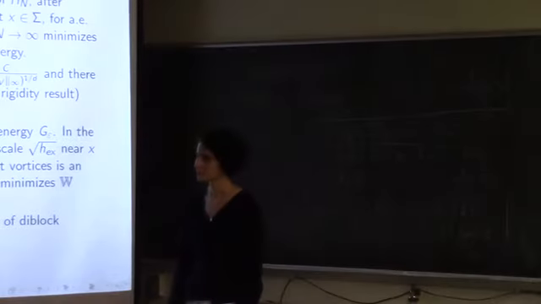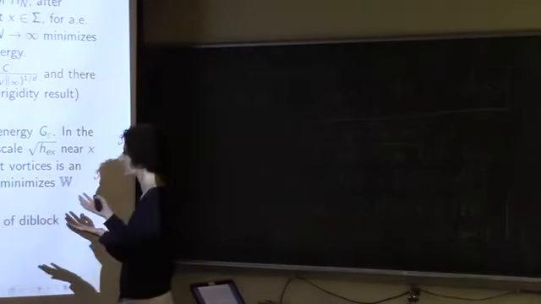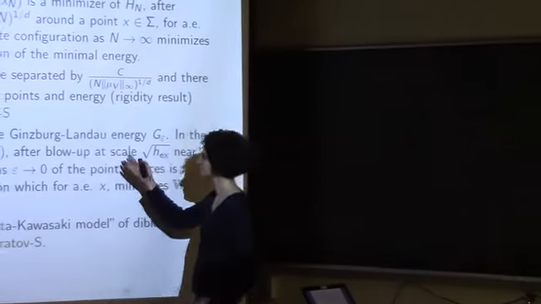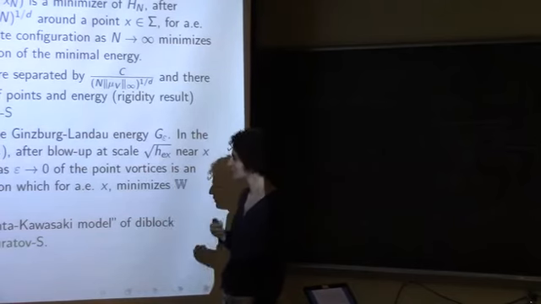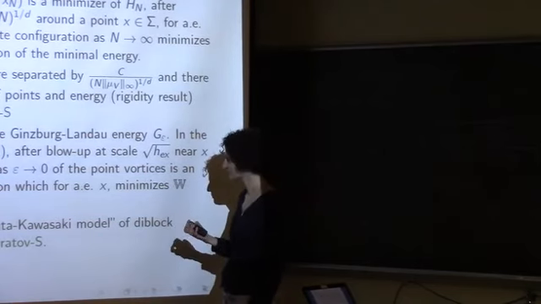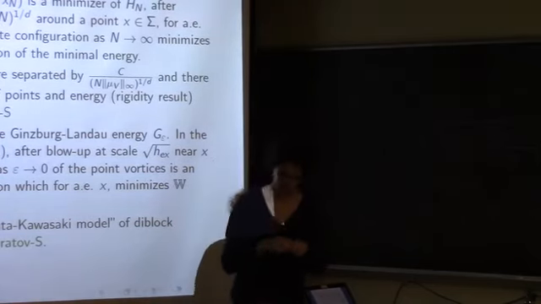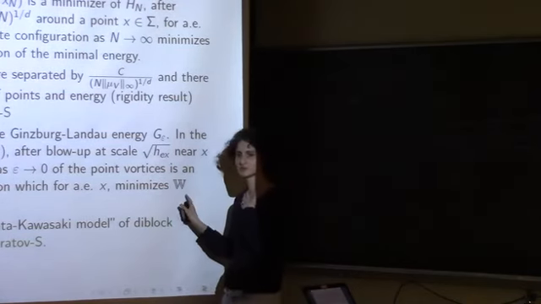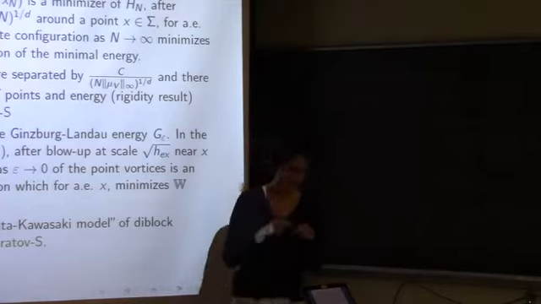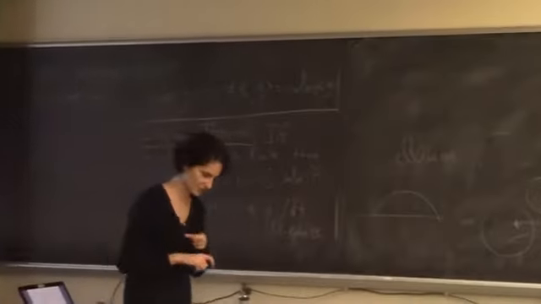At the beginning, I mentioned to you that the Ginzburg-Landau vortices and Ohta-Kawasaki and other things were in fact the same, or they boil down to the same. So we have a theorem in these cases. If you take minimizers of the Ginzburg-Landau energy, then again, you will see vortices which, when you zoom appropriately, converge to minimizers of the same W. So it's exactly the same 2D logarithmic interaction.